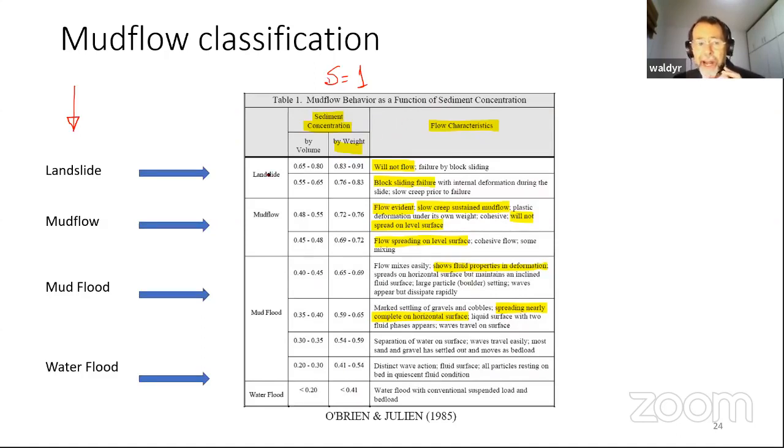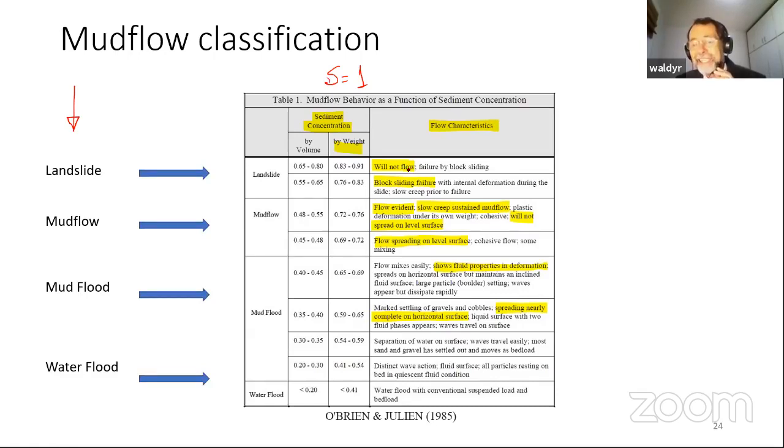And then to describe these different modes of flow, you have the flow characteristics. Let's begin with the landslide. What does it say about the flow characteristics? It says that it will not flow.